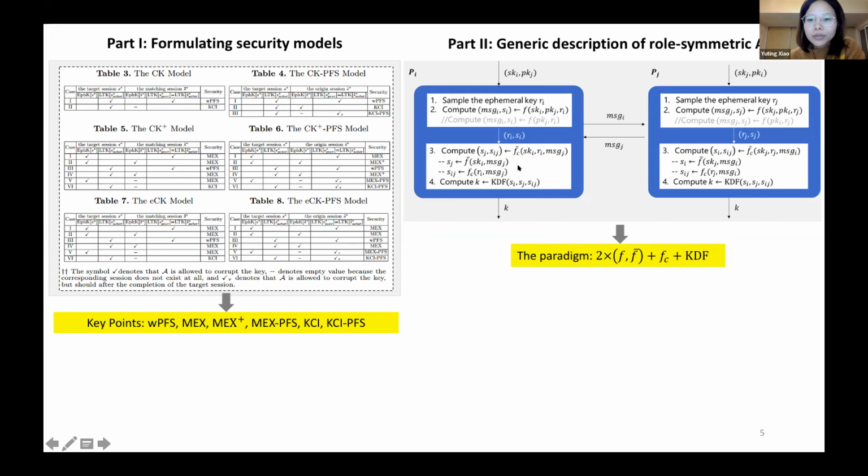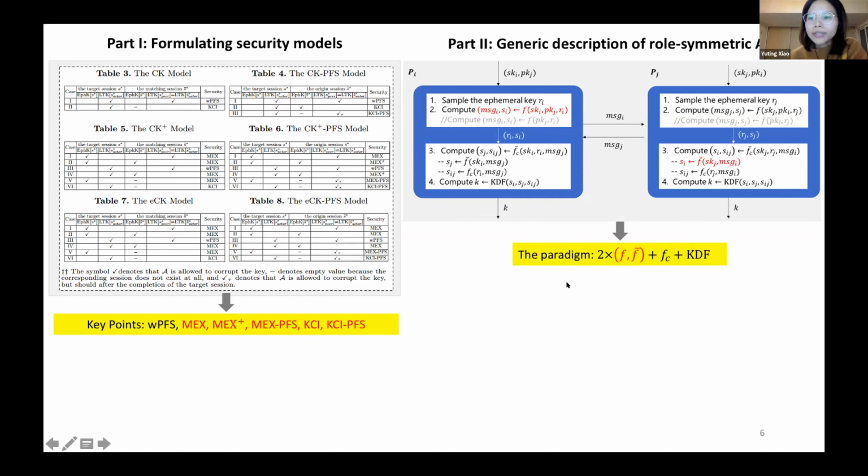They are used to compute or recover three key materials, SI, SJ, SIJ. And finally, it will use a KDF to derive a session key from these key materials. With such abstraction, we can describe the paradigm of raw symmetric keys like this.